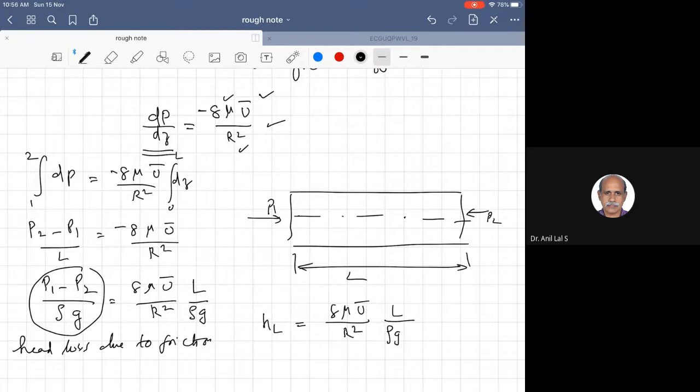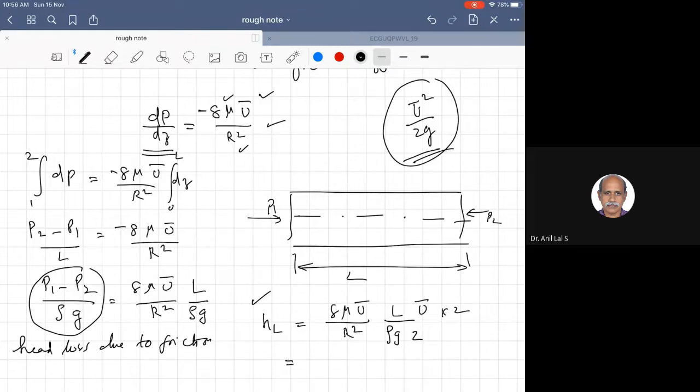Supposing that I want to write it in terms of velocity head. The velocity head is u squared by 2g, this is a head. So let me have a u bar here, and a 2 over here, so I should have a 2 here also.